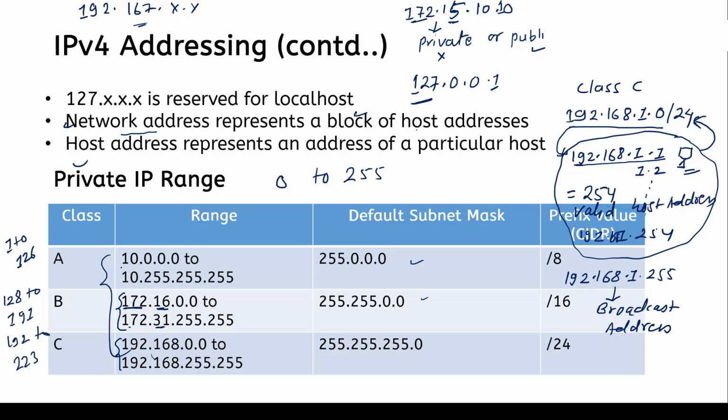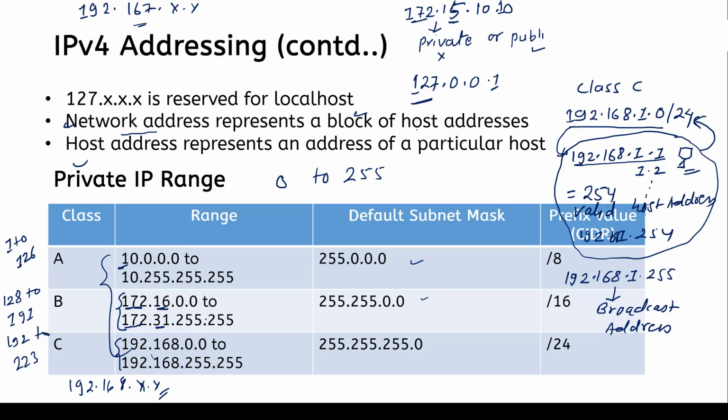So if any IP address you see starts from 10, that is class A private IP. And if you see any IP address that starts from 172.16 and in the range between 172.16 and 172.31, then that is class B private IP address. And if you see any IP address with 192.168, then you should know that that is a class C private IP address.